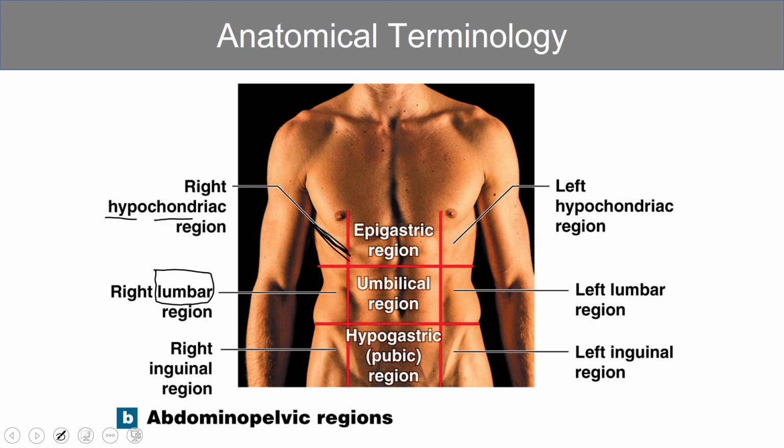The right inguinal region. Here's your inguinal region right here, so that is the right. And we have left correspondings. And then here in the middle we have the epigastric. Epi means above or on top of, gastric, the stomach. We have the umbilical region for the belly button area, and then we have the hypogastric, where hypo means below, so below the stomach.